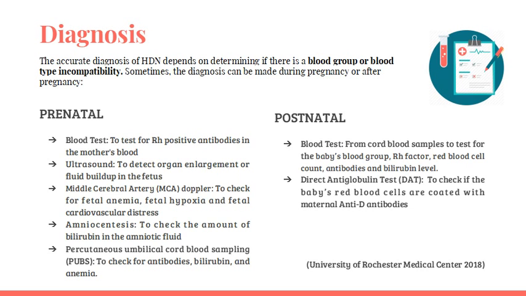These tests will detect antibodies, bilirubin, fetal anemia, organ enlargement, and other related signs. For postnatal, a blood test can be done by using the cord blood to test for the baby's ABO blood group, rhesus factor, and other blood-related parameters. A direct antiglobulin test checks if the baby's red blood cells are coated with maternal anti-D antibodies, which is a sign of HDN.